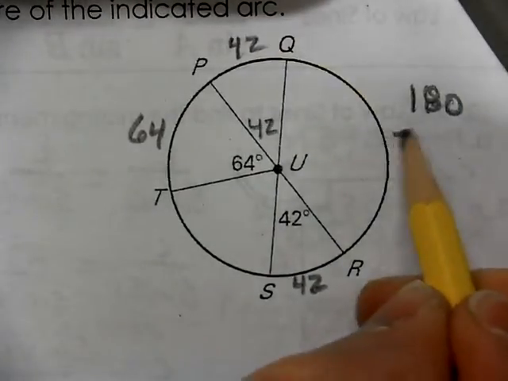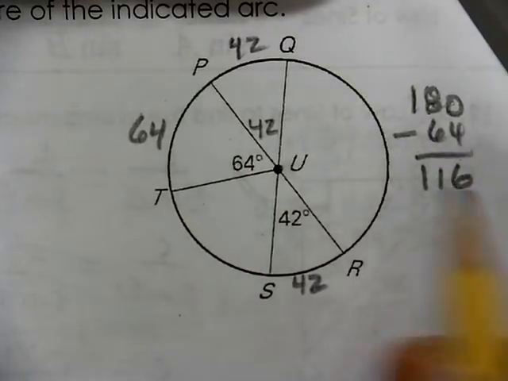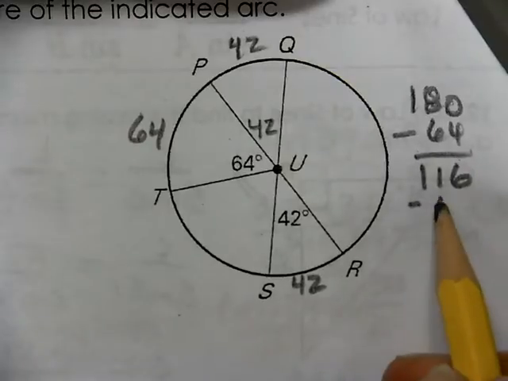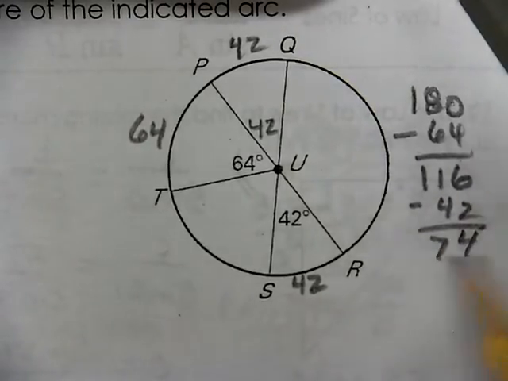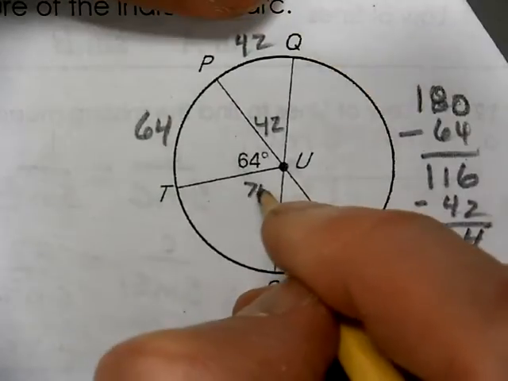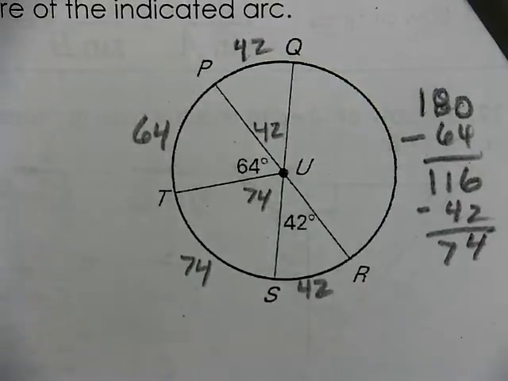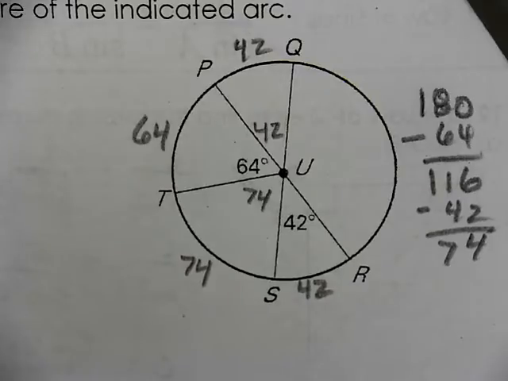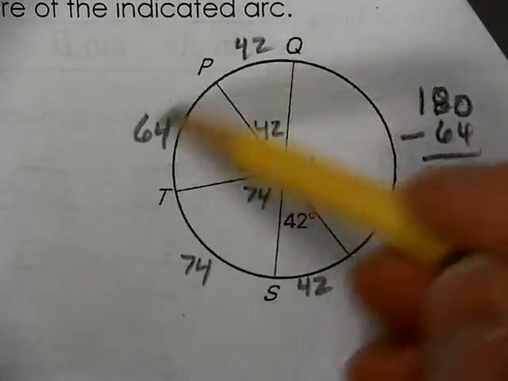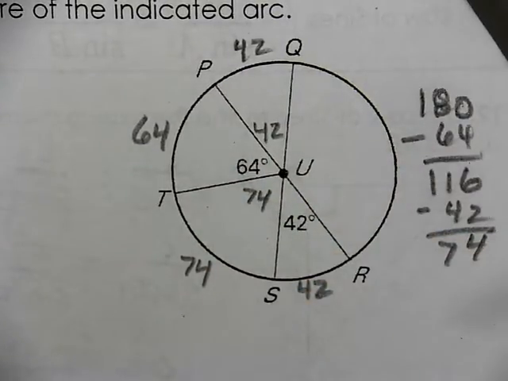So 180 minus 64 gives us 116. Minus 42 gives us 74. So we have 74, 64, and our 42. That adds up to our 180. It doesn't matter which way we would have added that. We'd all come up with 180.